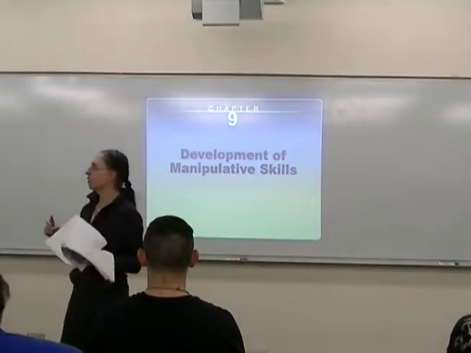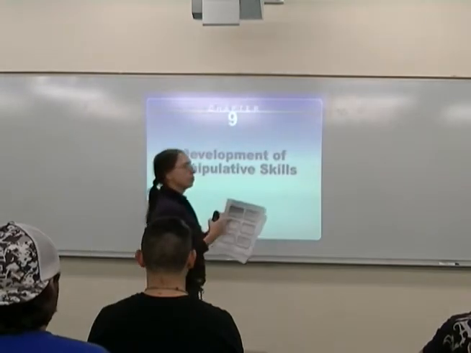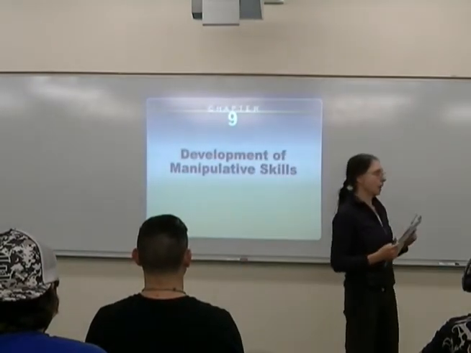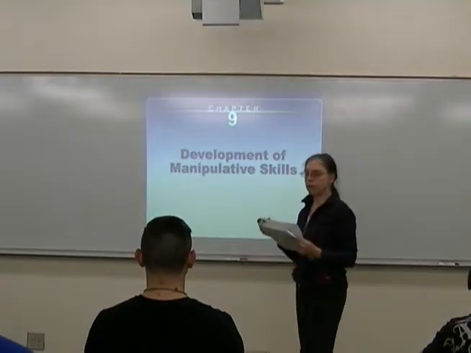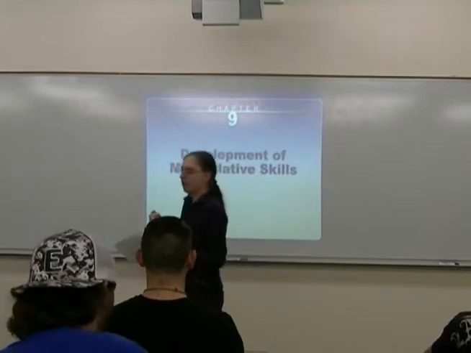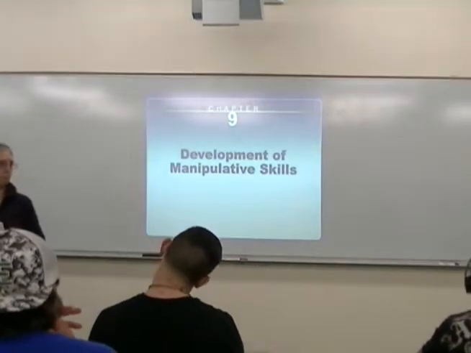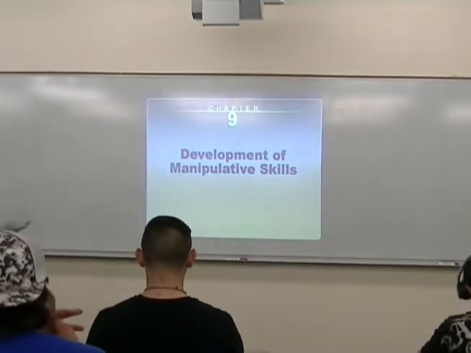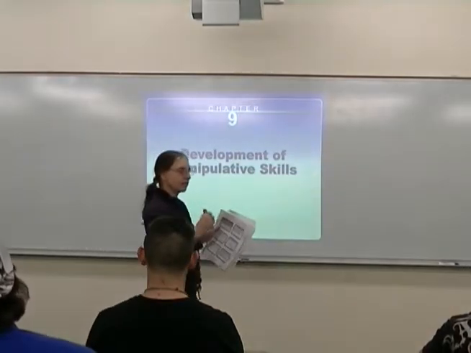Question 1. When we adapt the equipment size to the body size, what do we call that? Question number 2. How many components are there in the developmental sequence for catching? Question number 3. Name 2 of the 6. So there was a list of 6.